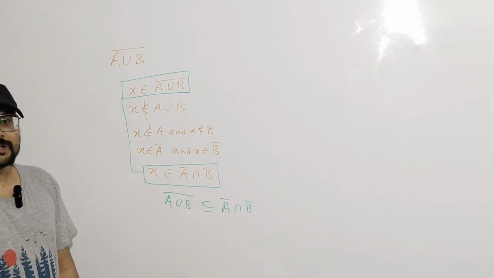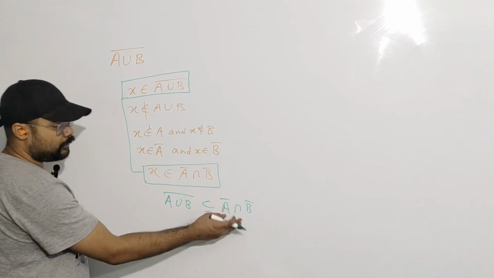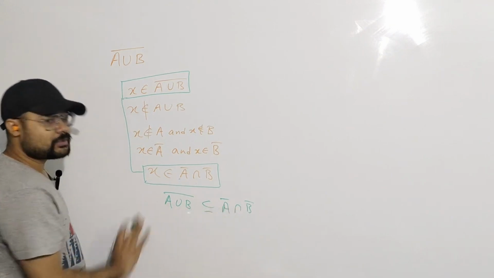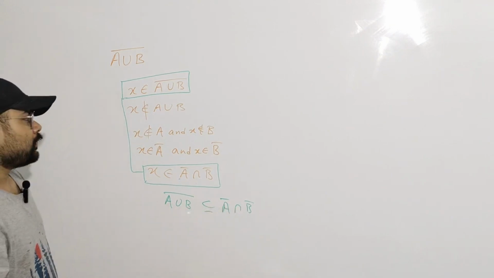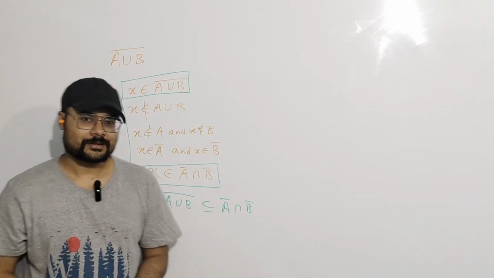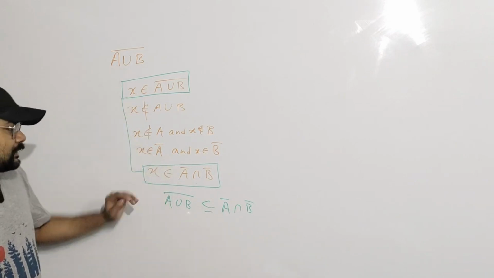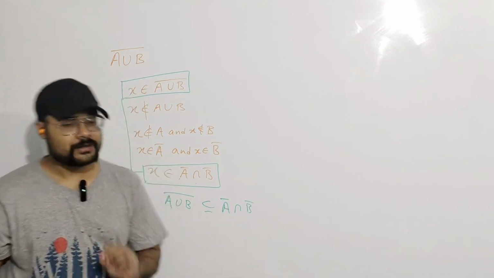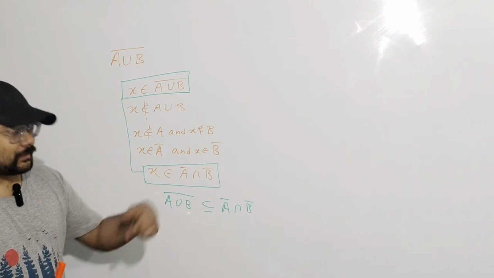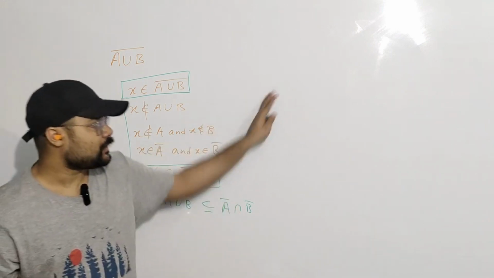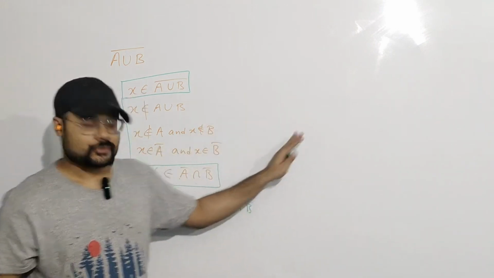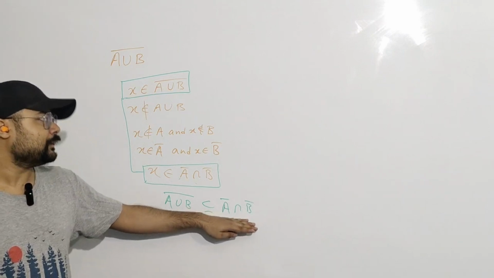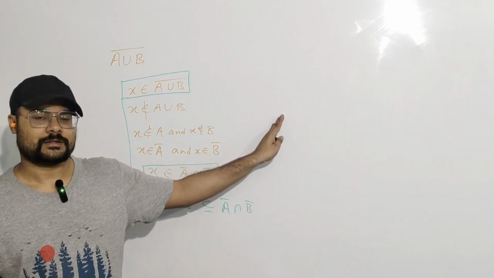And how to show two sets are equal? By showing that this set is also a subset of this. Okay, now in the video what happens is I have directly, after doing this, said that these two are equal, but that is justified in the video because I also have a Venn diagram alongside this. So whatever expression comes out, there was a Venn diagram to verify it.